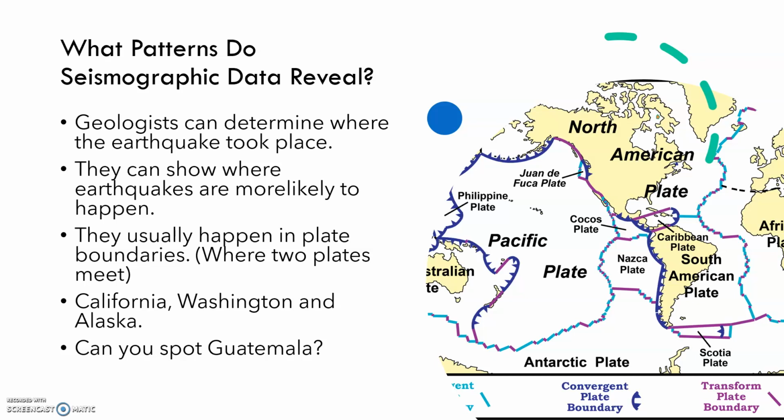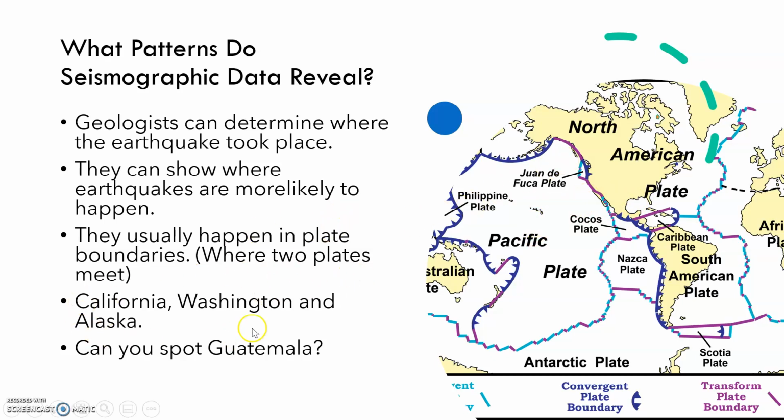Then they can show where earthquakes are more likely to happen. Right over here we have a small map, and just like you can notice, there are different lines around. Basically these lines are where 2 tectonic plates meet. And of course, right in the middle of those tectonic plates, earthquakes are more likely to happen. They usually happen in plate boundaries where 2 plates meet.